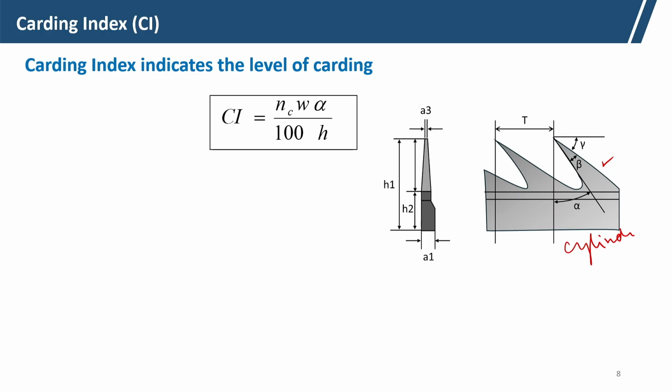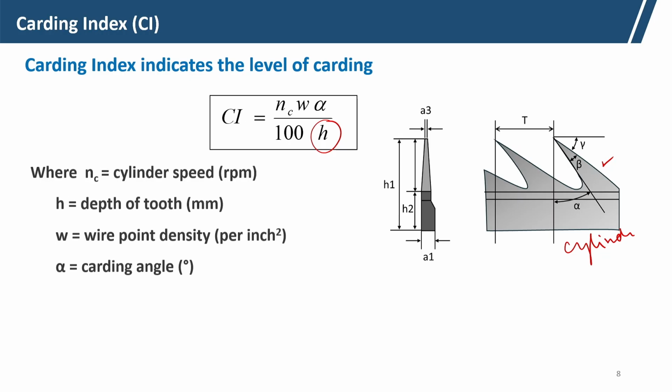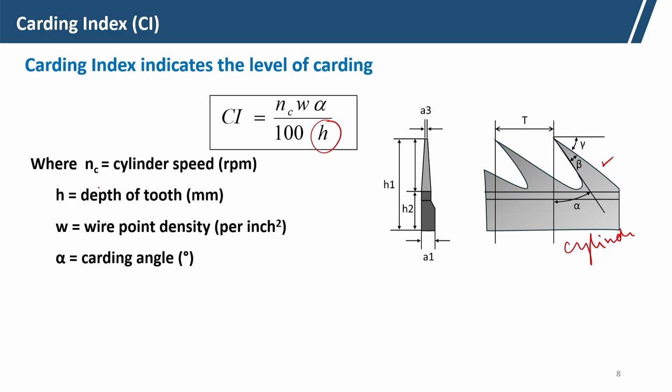Now, carding index is N_C W alpha by 100 H. H is the height. N_C is the cylinder speed, that means higher the cylinder speed, higher is the carding index. So, more carding will be there.